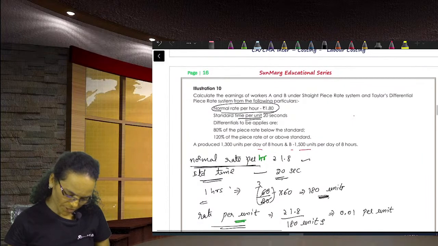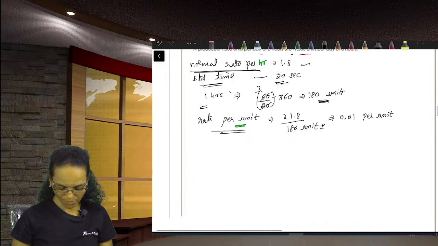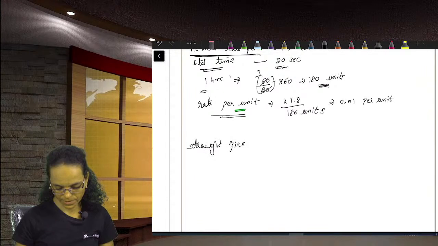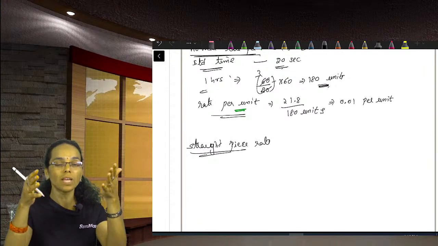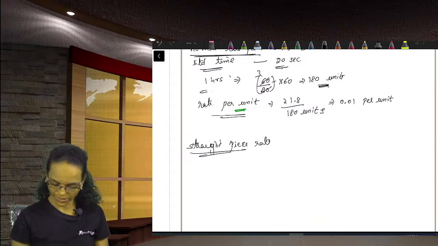Now what we need to find out here is the straight piece rate. First, we will calculate the straight piece rate. Straight piece rate means how many units the employee has produced and what the piece rate per unit is.